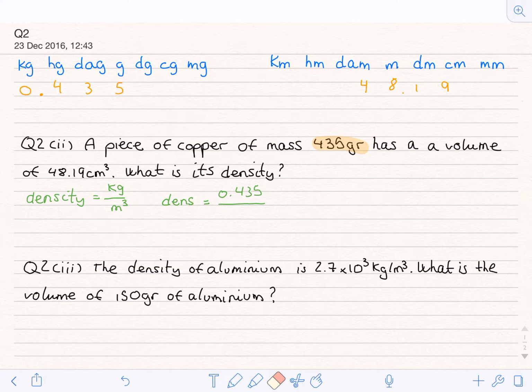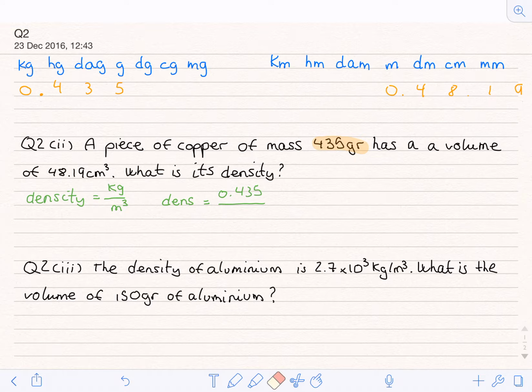Sorry, that's not right. We're given it in centimeters. So it's 4.19, and the 9 is just there somewhere. It doesn't really matter. So what we do is we put a 0 here and we put a dot.